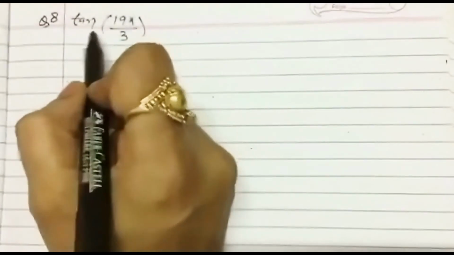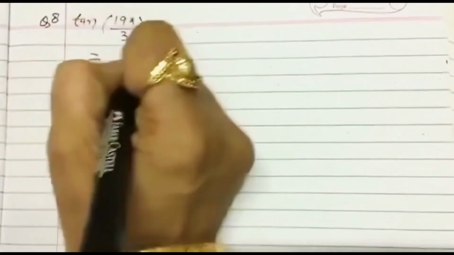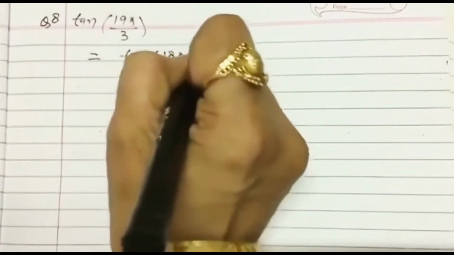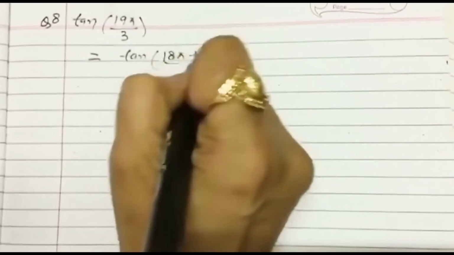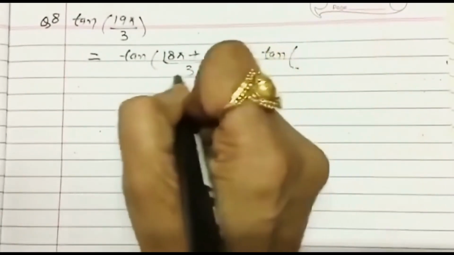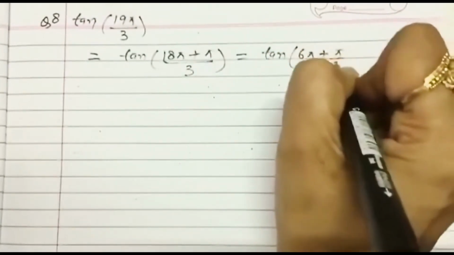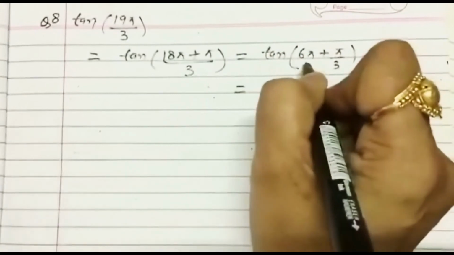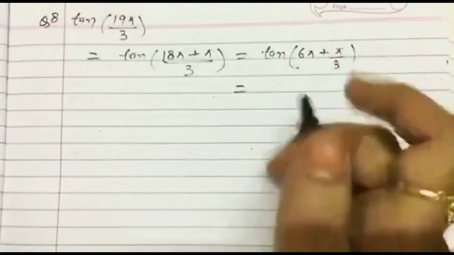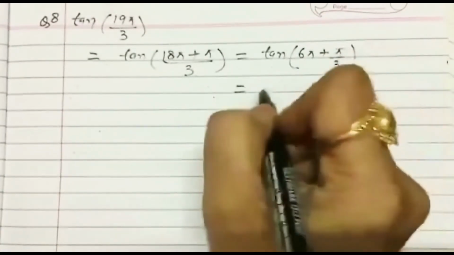Next question, tan 19 pi by 3. First of all, write it as 18 pi plus pi by 3. Now divide by 3: 6 pi plus pi by 3. It means it is 2 pi into 3, so 3 revolutions are completed, and now the function is in the first quadrant.